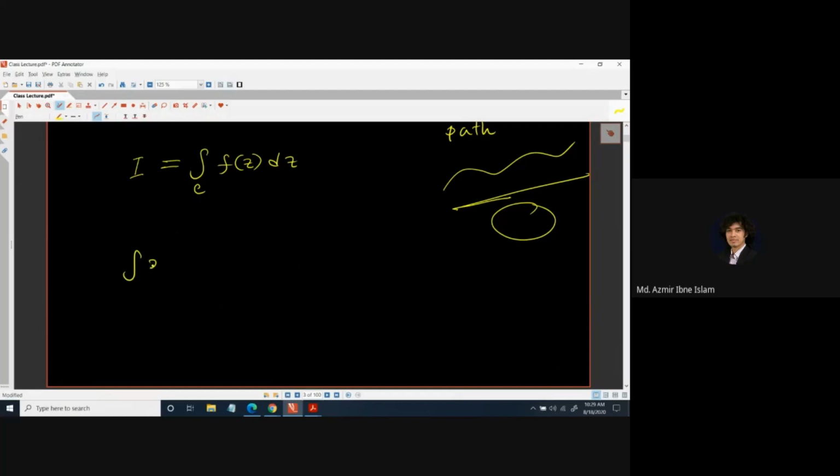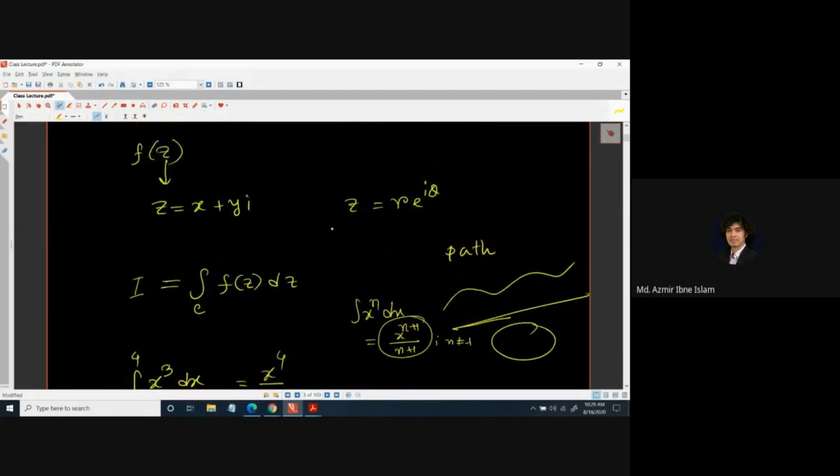So at first, let's recall how we can integrate. Suppose we have the integration of x cube dx from 1 to, let's say, 4. You know that the integration of x to the power n dx is equal to x to the power n plus 1 over n plus 1. Here we have a restriction: n can't be minus 1. So the integration of x to the power 3 is x to the power 4 over 4.